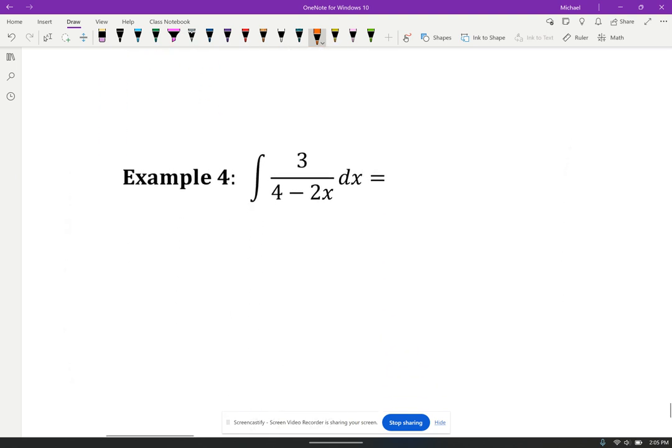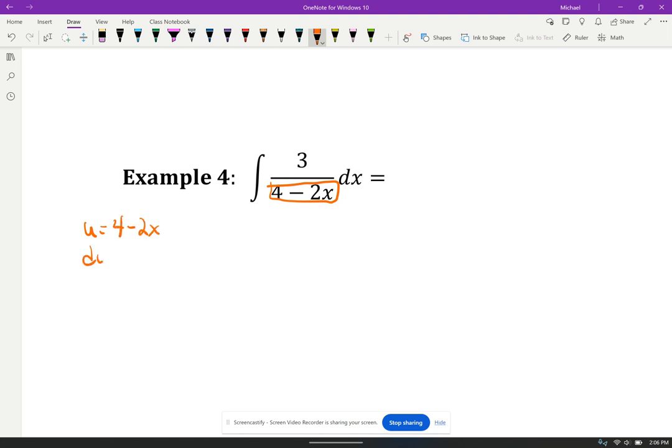When I look at number 4, this one's a little tricky because we don't see necessarily an inside function. So I'm taking the integral, or the antiderivative, of 3 divided by 4 minus 2x dx. Where is the inside function? Well, we're going to say the denominator is the inside function. So u equals 4 minus 2x.